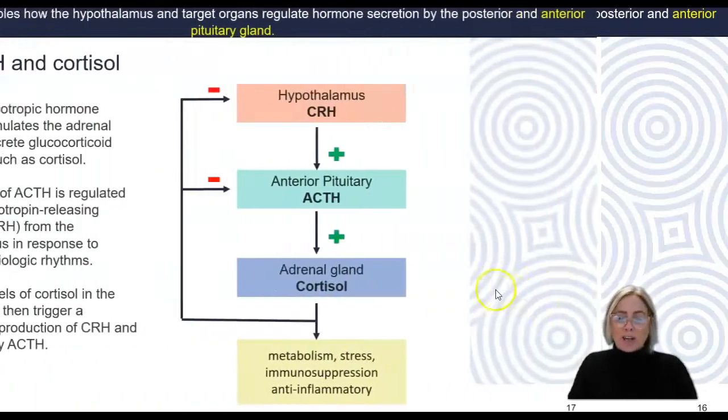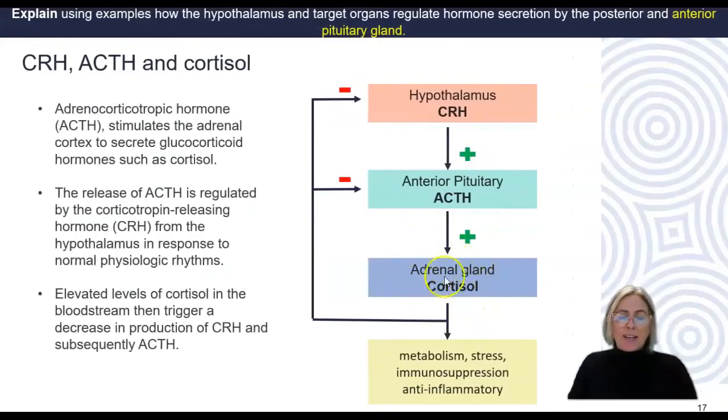Another example here is the regulation of the levels of glucocorticoids or cortisol in the bloodstream. So adrenocorticotropic hormone, ACTH, stimulates the adrenal cortex to secrete glucocorticoid hormones such as cortisol.